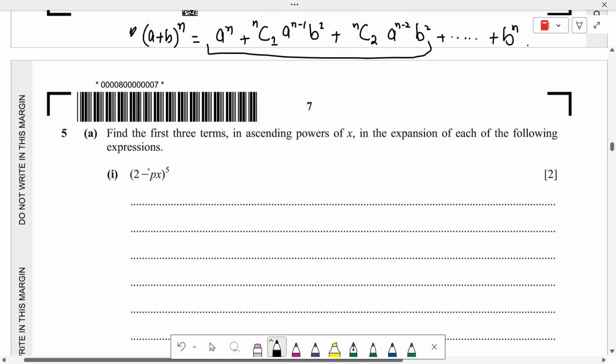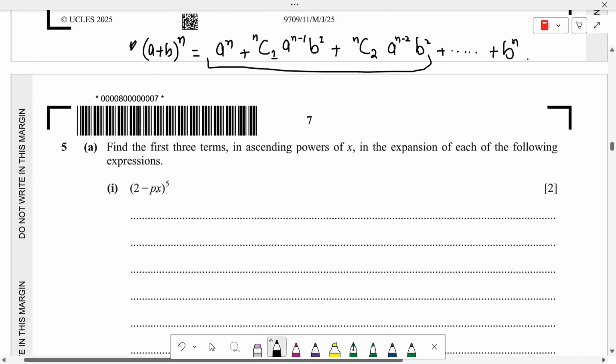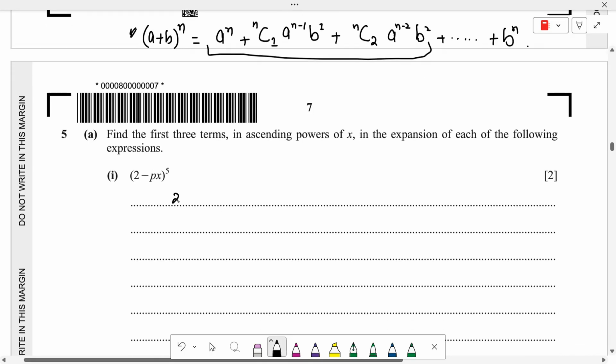So first we apply this formula to the expression (2 minus px) to the power of 5. In this case, n is 5.